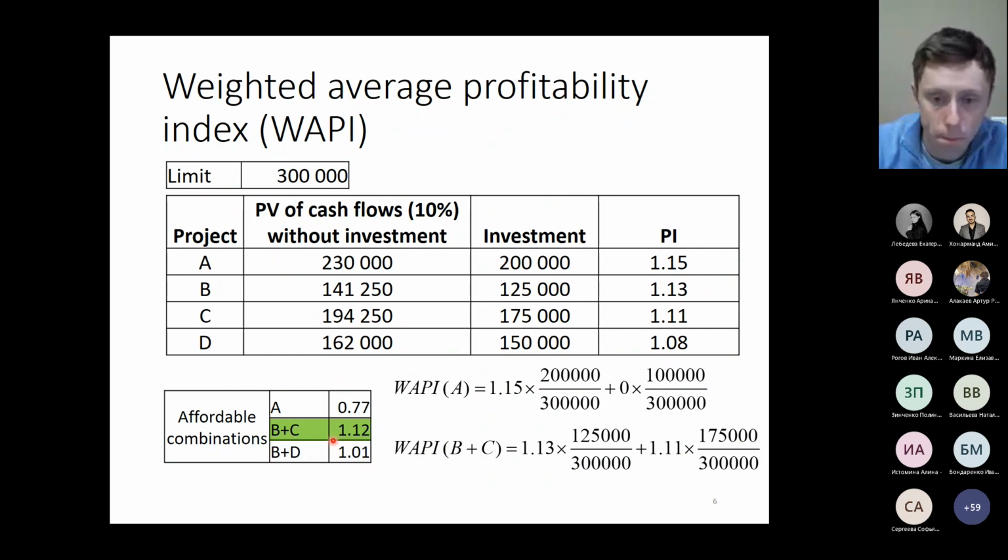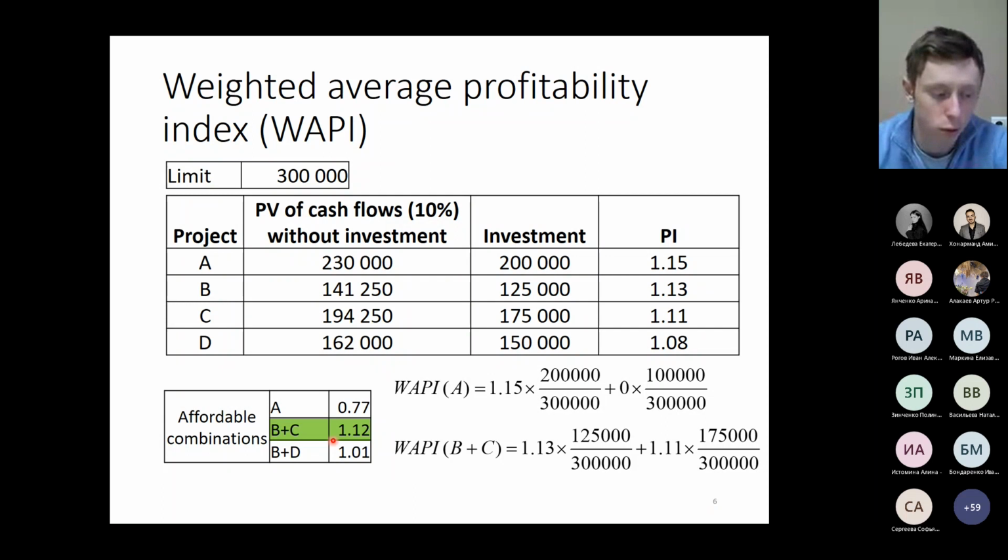Can you explain, please, what is the limit? What does it mean? Yes, Uliana. I started from it, but no, let's maybe look at this from another perspective. This is all the money that we can invest. It can be the firm or it can be your personal financing.